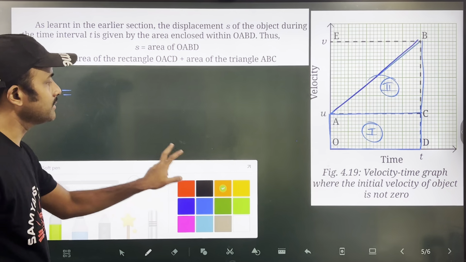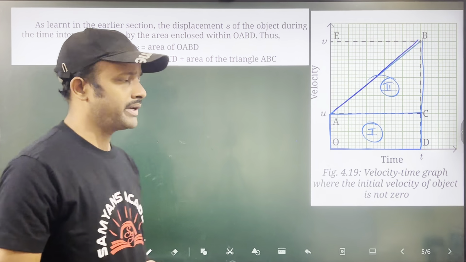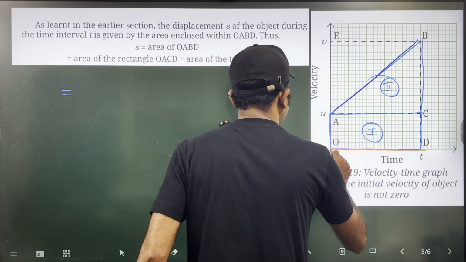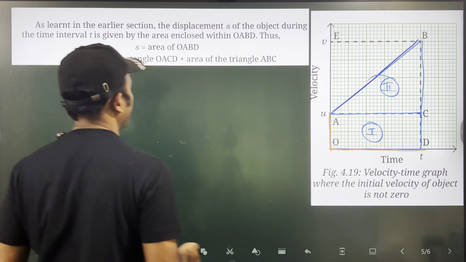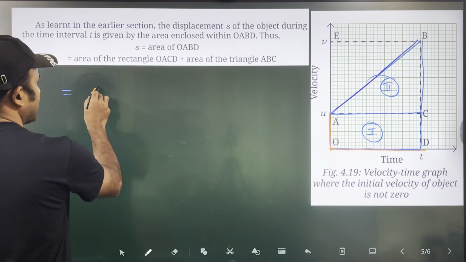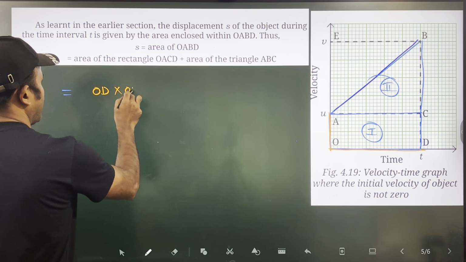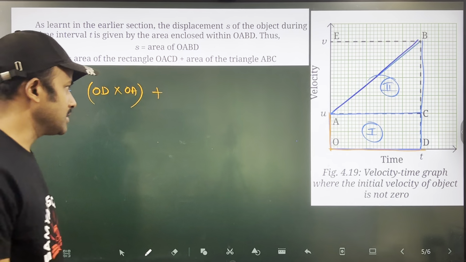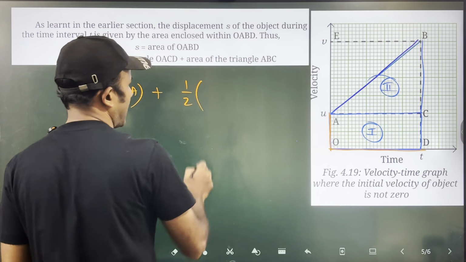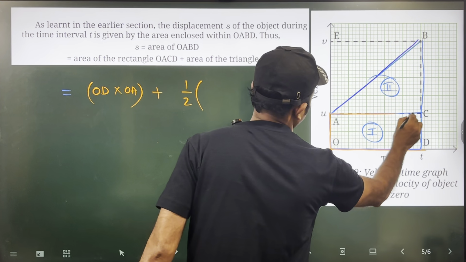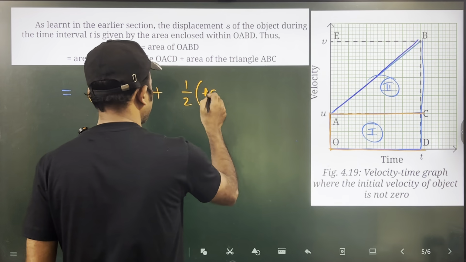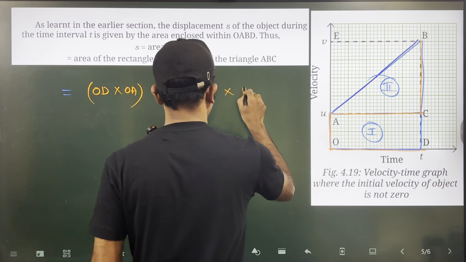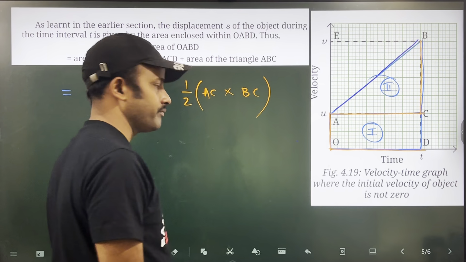Already you know the area of the rectangle is length into breadth. Length is OD and breadth is OA. Plus the area of the triangle, which is half into base into height. Base is AC, and height is BC.